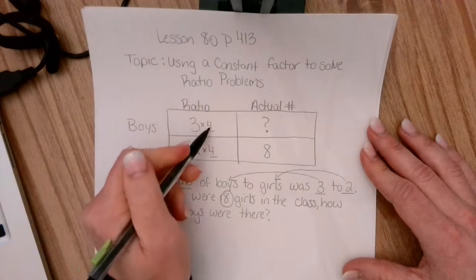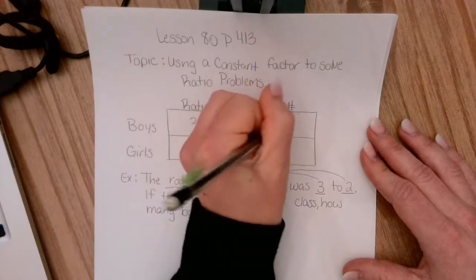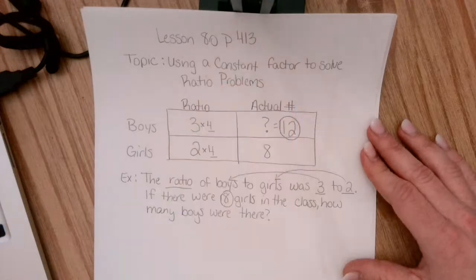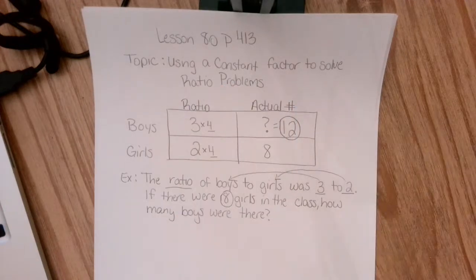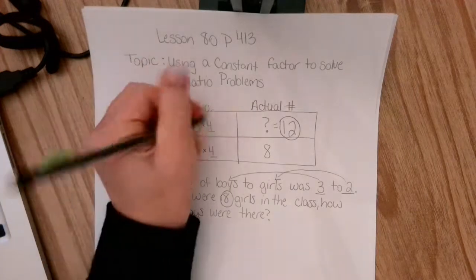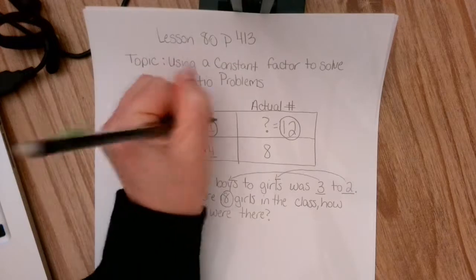So 3 times 4 equals 12. And 12 is my answer. So let's do another example. And also, this 4, they call that a scale number in your book.